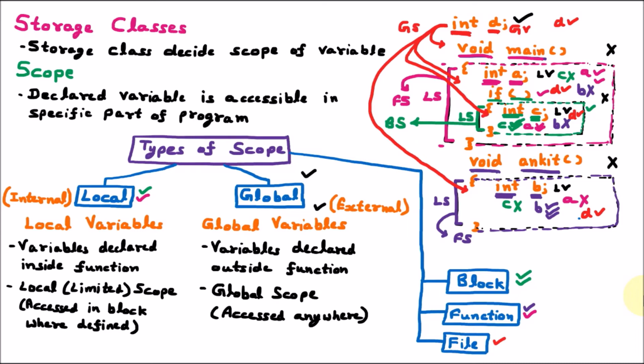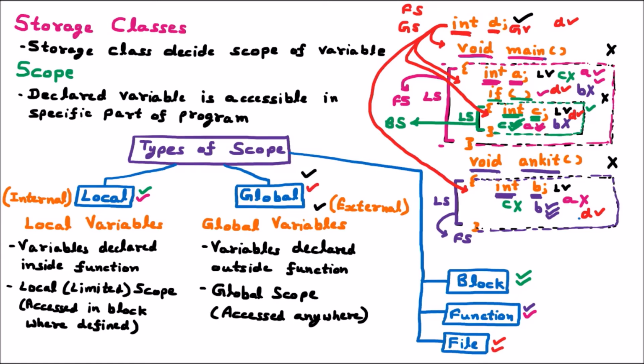So everywhere this d is accessible. That means this is the file scope, meaning throughout the complete file we can access it. And we know that this file scope we have already discussed in the global scope.